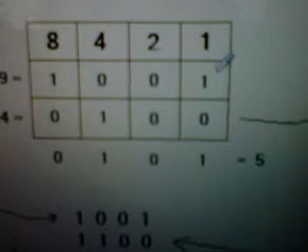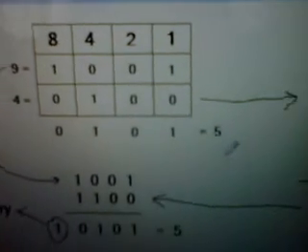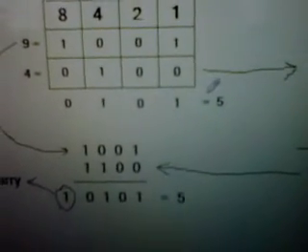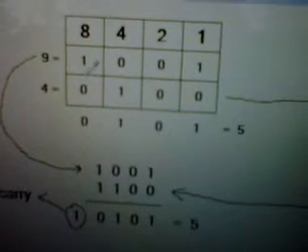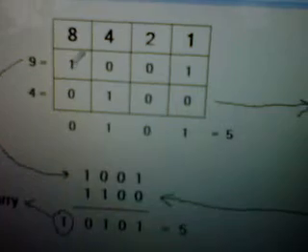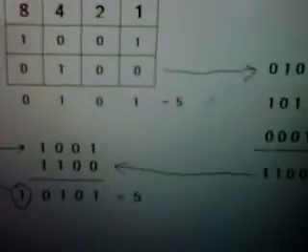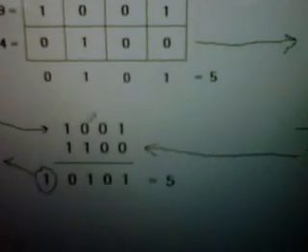What is 4 plus 1? 5. Okay, so there is your answer. The computer has now subtracted the number 4 from 9 using what's called 2's complement by adding them together.